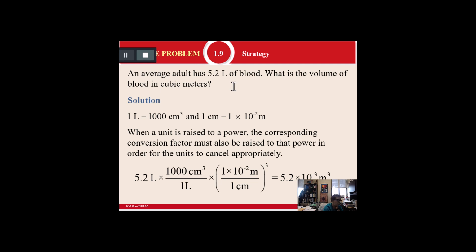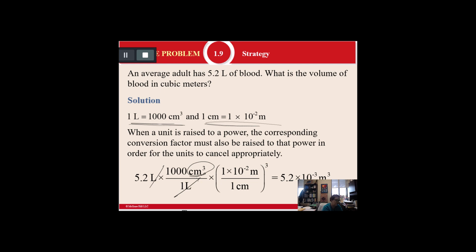Well, we know 1 liter equals 1,000 milliliters or 1,000 cubic centimeters. 1 centimeter equals 1 times 10 to the minus 2 meters, or a 100th of a meter. When we raise it to a power, make sure that in that conversion factor you're raising those units as well. So I'm going to go from liters to cubic centimeters, which I can do easily, and then from cubic centimeters to cubic meters.